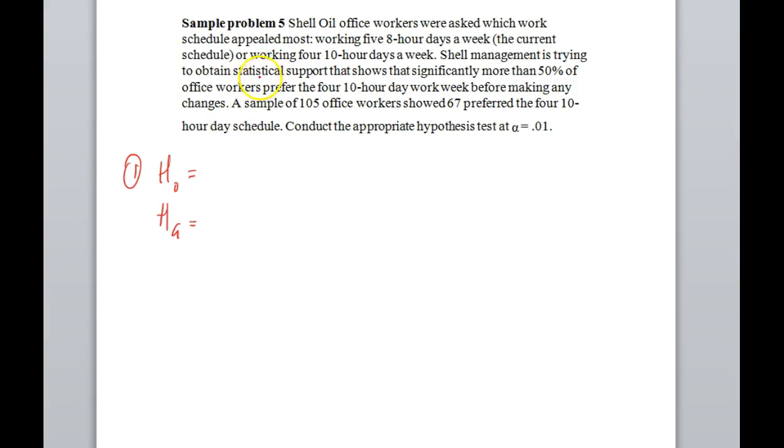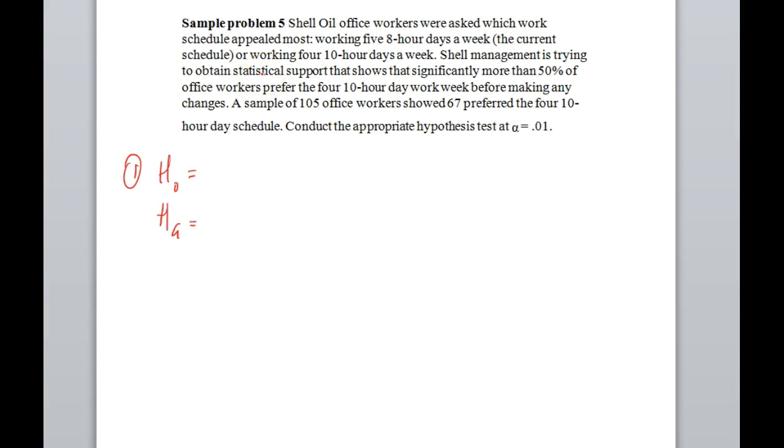Because we now know that we're working with a proportion, our hypothesis is going to have to reflect that. So first we look at HA, and that's what we suspect is going on. Not the status quo, but what are we trying to prove?